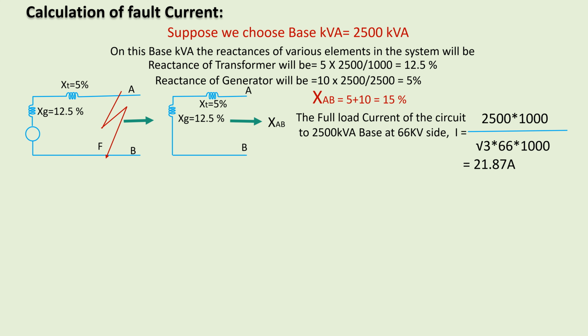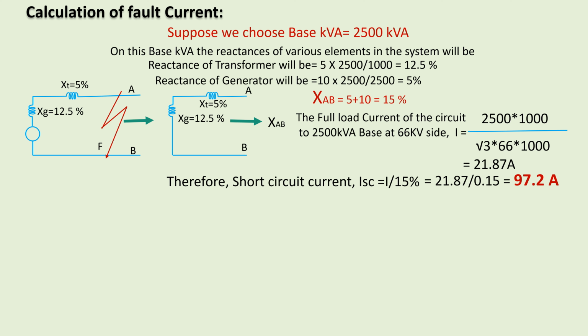The full load current of the circuit on 2500 kVA base at 66 kV side, I is equal to 2500 into 1000 divided by root 3 into 66 into 1000 is equal to 21.87 ampere.